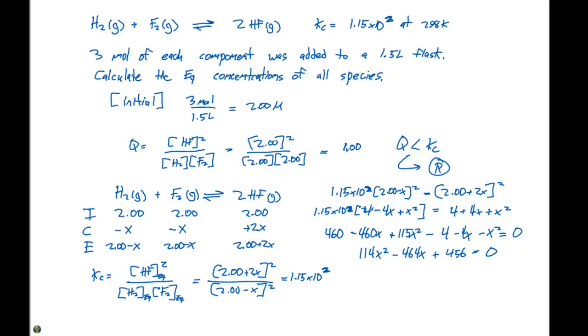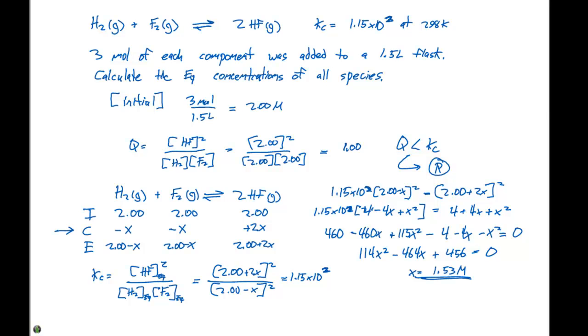And if we apply the quadratic equation, which I'm not going to go through the details of here, we're going to find that x is equal to 1.53 molar. Okay, remember what we're trying to solve for here. We're trying to solve for x, which correlates back to the change in concentration that we used in our ICE table right here.